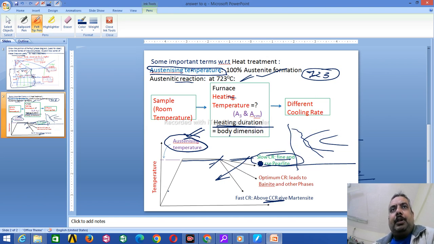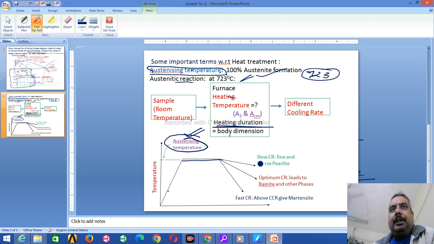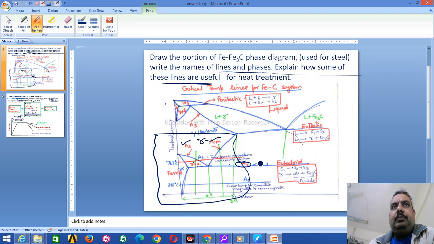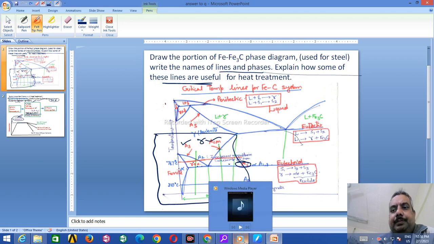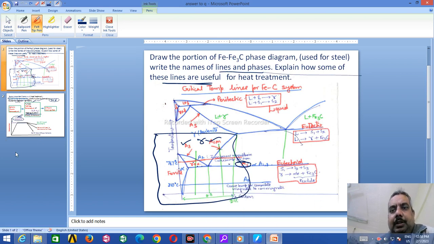So the important thing is A3 and ACM. These lines are very important. Suppose we have a steel with 0.8% carbon. For this you have 723 degrees centigrade. For 0.8% carbon, if you heat at 723, it will austenize.